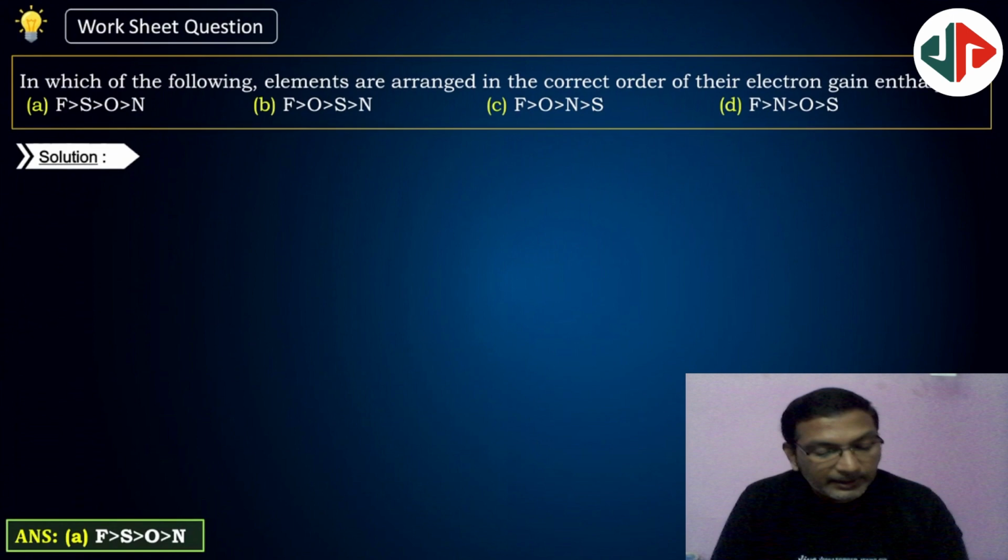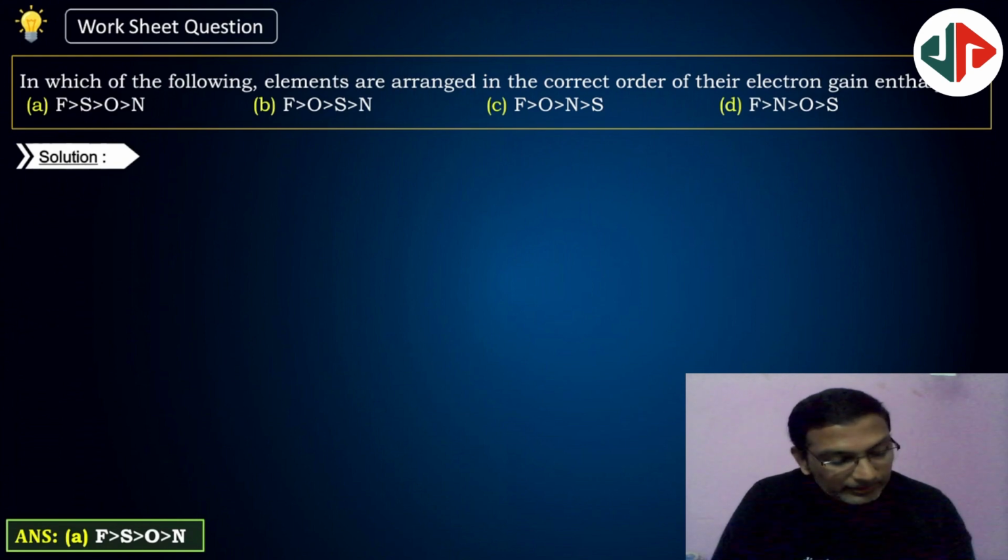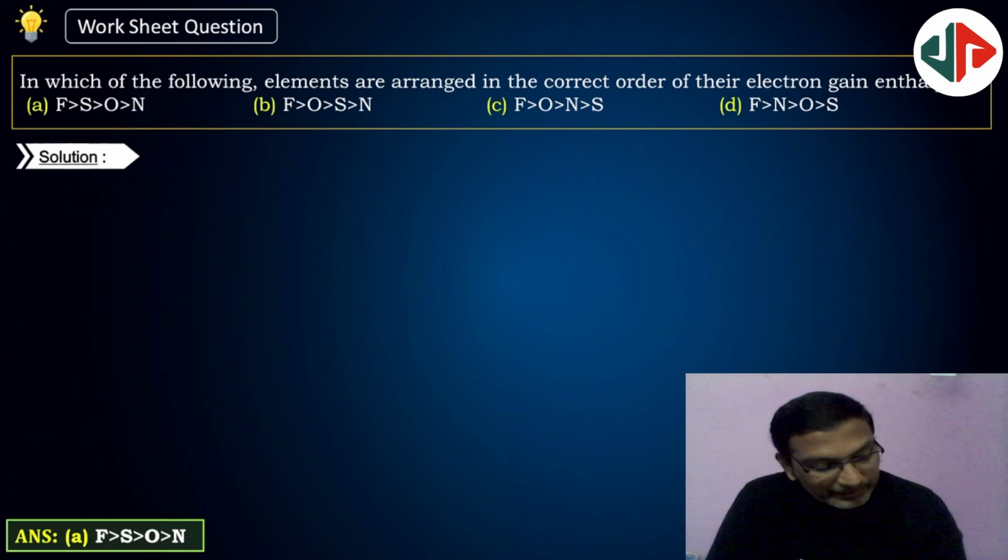In which of the following are the elements arranged in correct order of their electron gain enthalpy? Electron gain enthalpy values. See here 4 elements are given: nitrogen, oxygen, fluorine and sulfur.